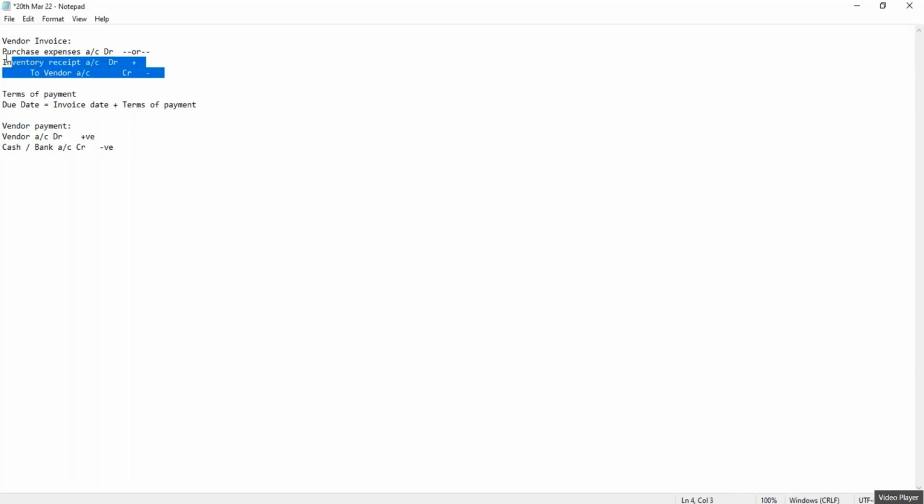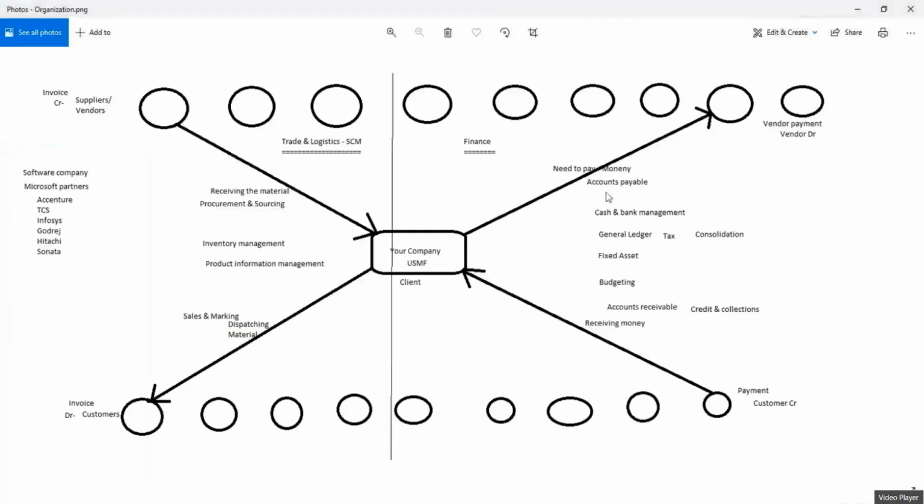Suppose you have received an invoice for 1000 rupees worth of material. Initially 1000 credit or minus 1000 will be posted at the time of invoice, and while doing payment you are doing positive plus. Negative 1000, positive 1000, it will become zero. My cash balance or bank balance will be decreased. So this part we understood.